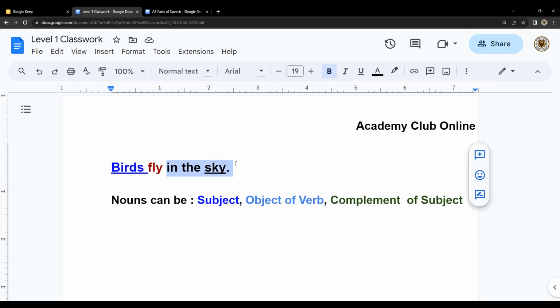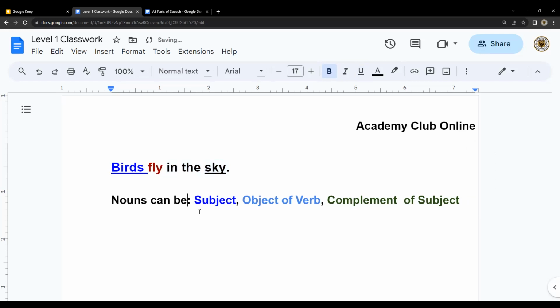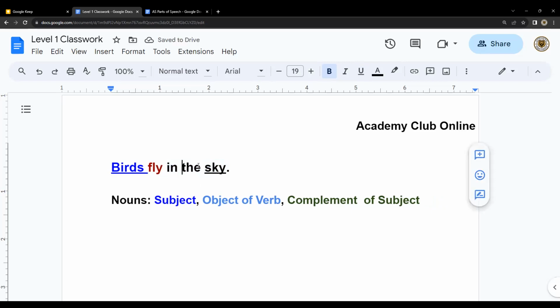Nada más para los que saben, ¿eh? Is complement. Nope. Eso es object. Bueno, sky is... preposición. Okay, y el objeto, ¿no? Okay, preposición y sujeto, right?